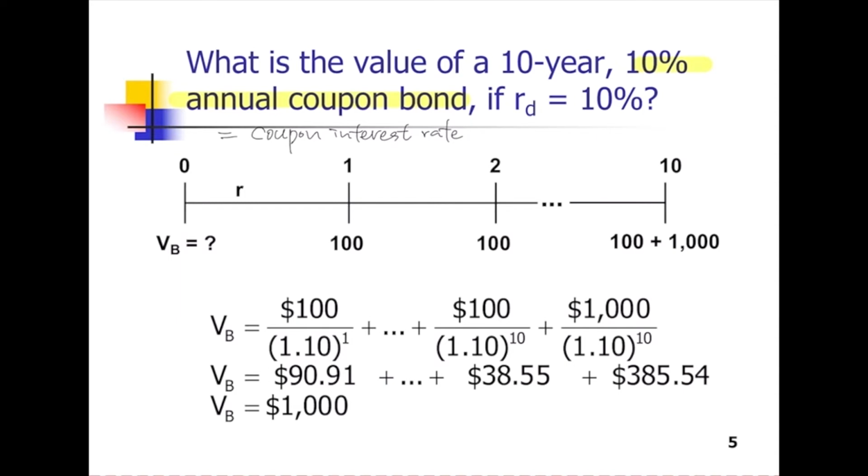And what is R_D? R_D means the discount rate, and we also call it the required rate of return.